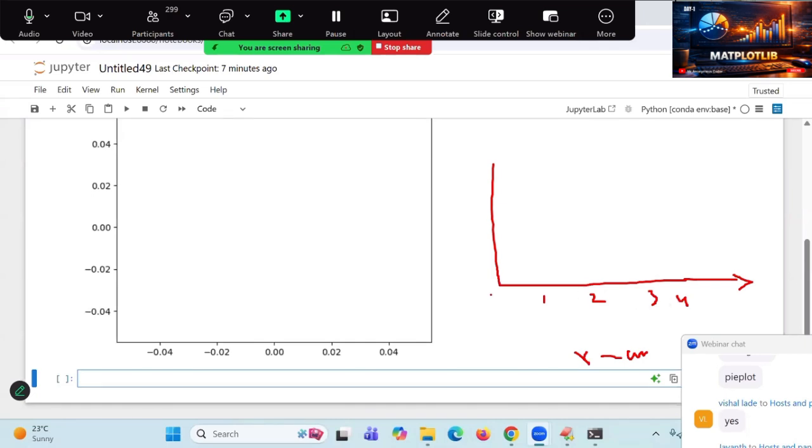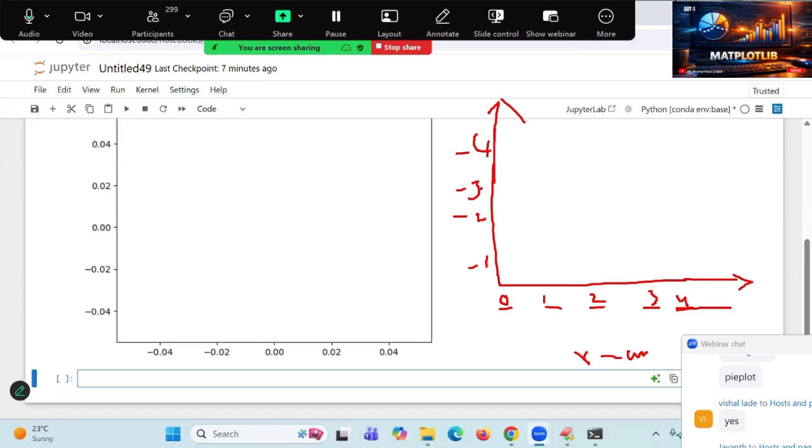Very good. Next, this is 0, 1, 2, 3, and 4. What is this now? This is called what axis? Y axis. What are these all called? X ticks.